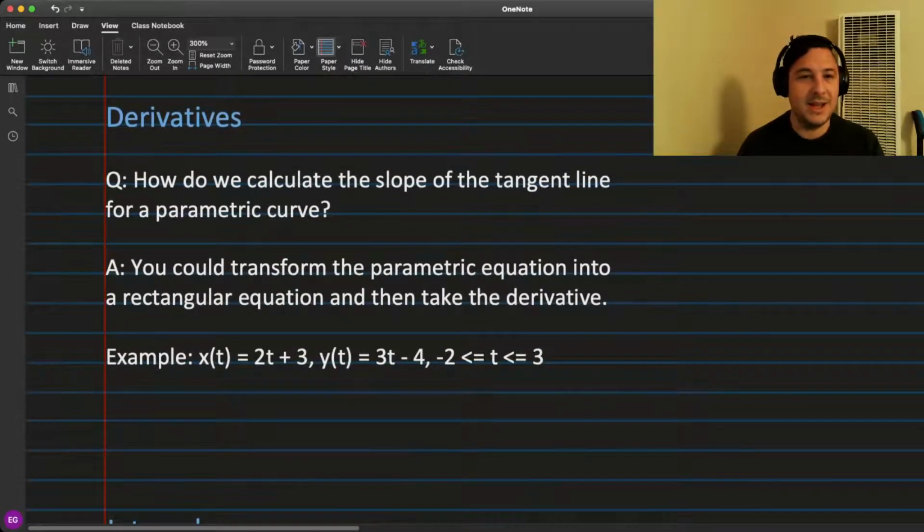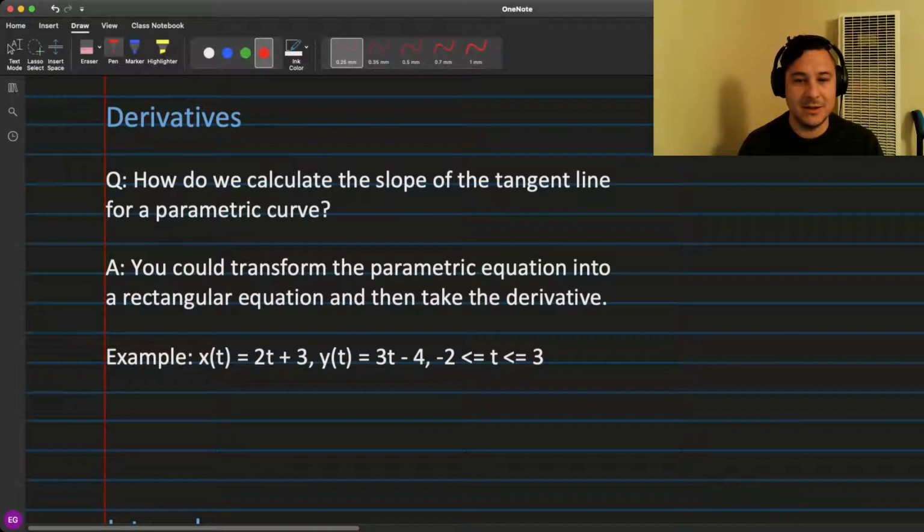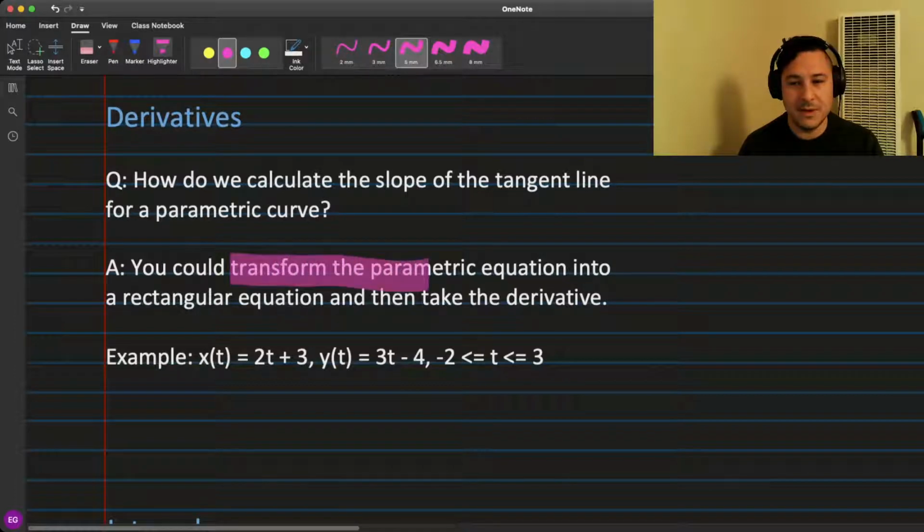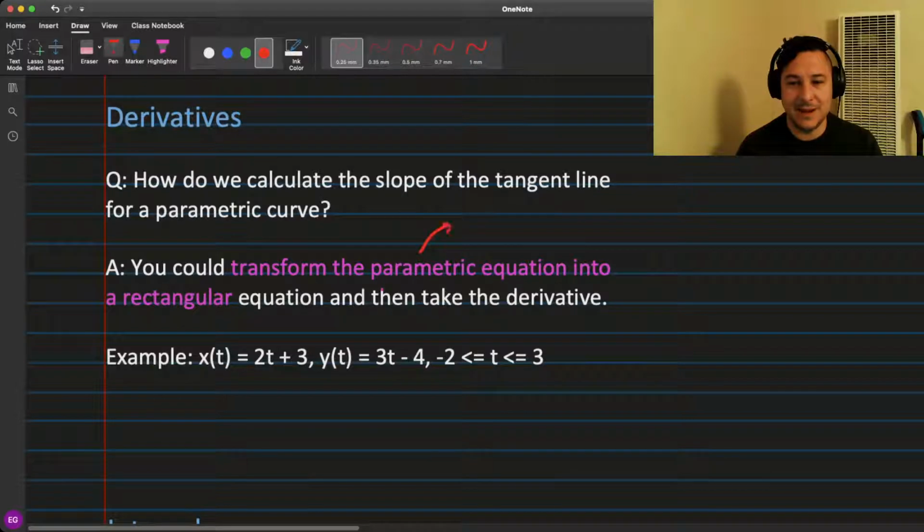So we have a name for this. When you transform the parametric equation into a rectangular equation, we have a name for that. Elimination of the parameter.